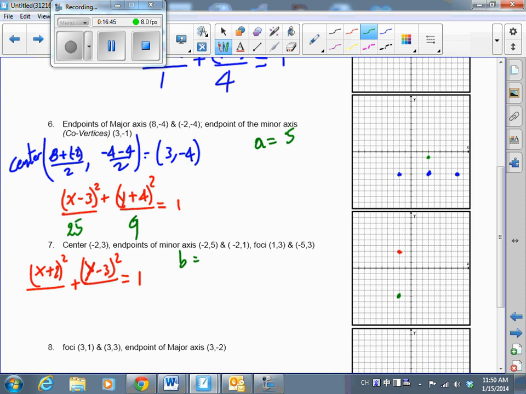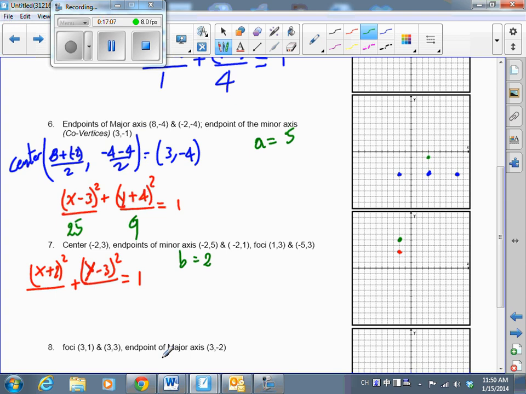What is the value of B here? Oh, that's better. -2, +5, meaning here. Now it looks more like minor. What is the value of B, guys? 2.